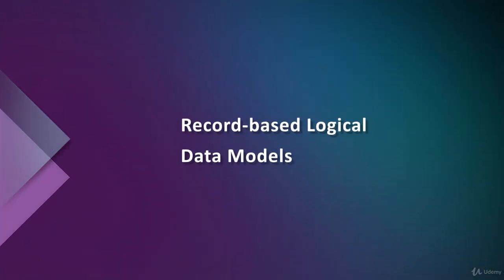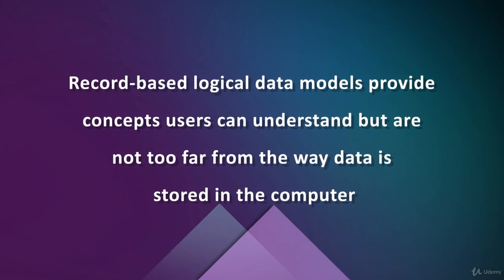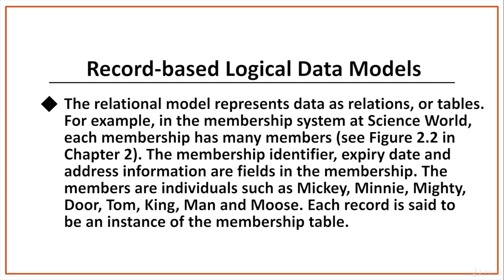Record-based logical data models. Record-based logical data models provide concepts users can understand but are not too far away from the way data is stored in the computer. Three well-known data models of this type are relational data models, network data models, and hierarchical data models. The relational model represents data as relations or tables.